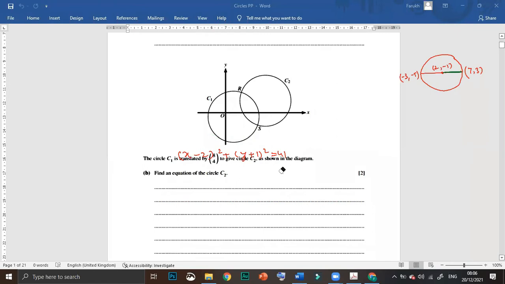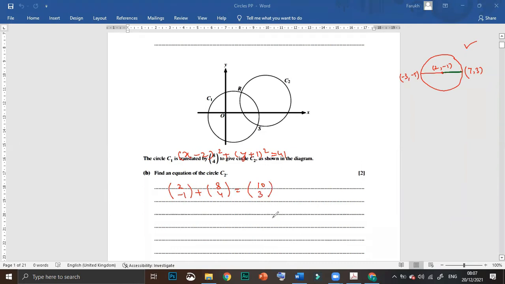Now, the center of this previous circle has also been translated with the translation vector (8, 4). Now the new center is (2, -1) plus (8, 4), which is (10, 3). This one is the new center.